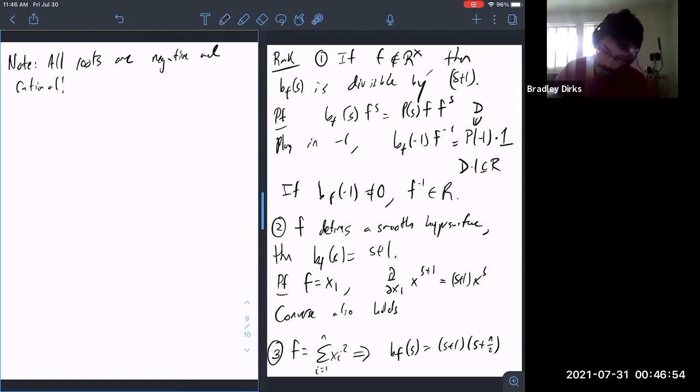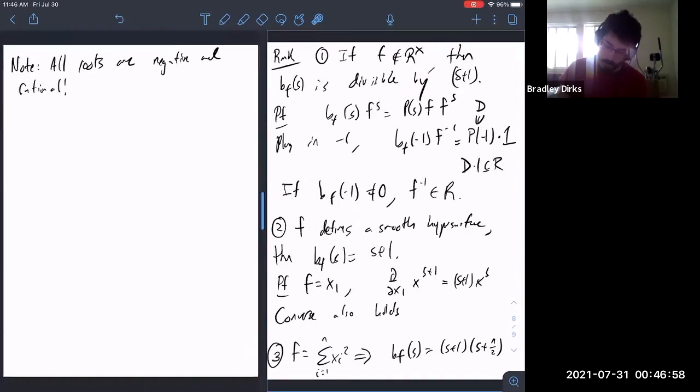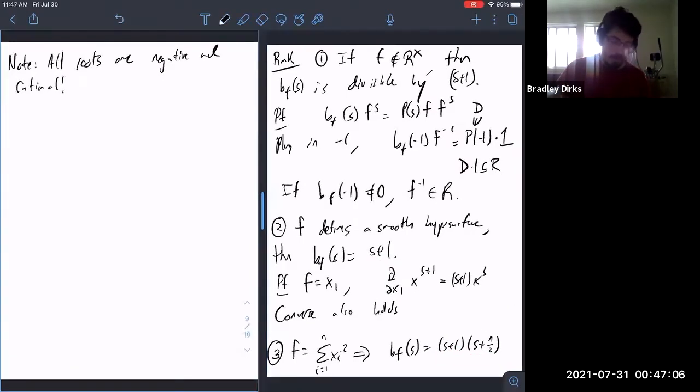So here, ignoring case 1, -1 is the only root, and that's negative and rational. And then these two, -1 and negative n over 2, are both rational. And this is not a coincidence. I didn't just choose polynomials that would give us this. This is what we're going to prove next time. So we'll prove a stronger version of this next time.